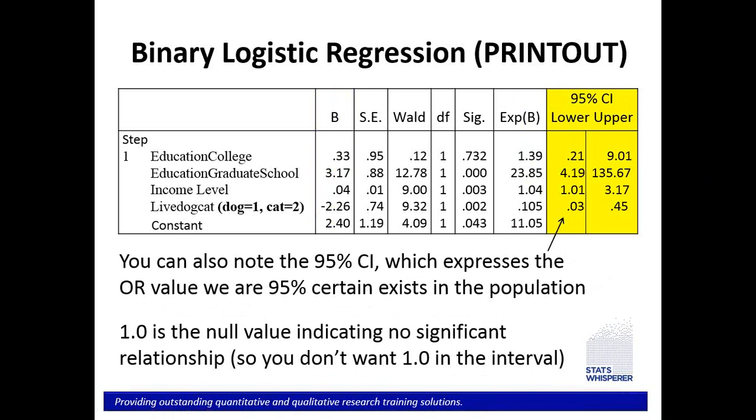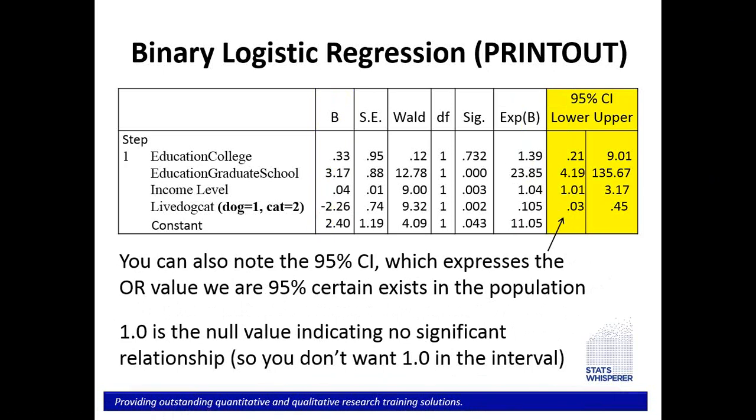And then the odds ratio above it, education college: you'll notice that its interval includes 1.0, because it goes from 0.2 to 9.0. So it includes the 1.0, and it's not statistically significant. The significance is 0.732. When the odds ratio interval includes 1.0, it includes the null value. Recall, the null value indicates there's not a significant relationship between the predictor and dependent variable.